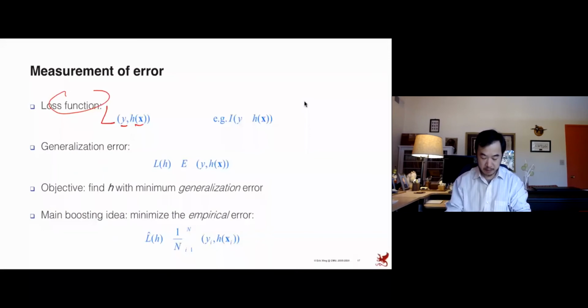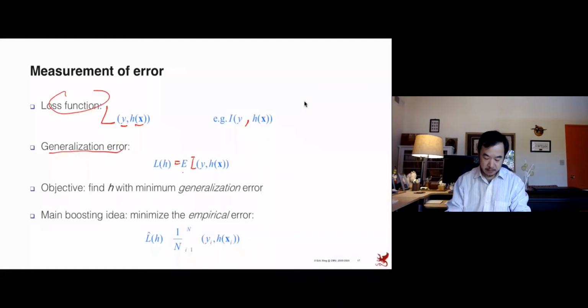And here we have already seen one loss function, which is just the delta function that you match or mismatch. And then there is also something called a generalization error, which measures the quality in terms of variance, and also the testing error, which can be designed as this.